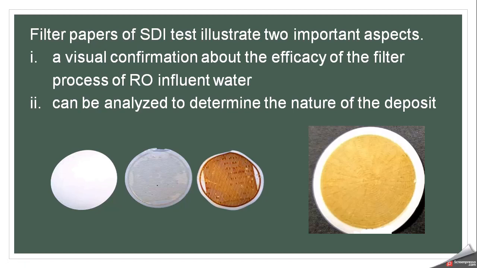This is the visual phenomenon, and it can be analyzed to determine the nature of the deposit. The deposits collected on the surface of this filter paper can be analyzed to find out what type of material is coming and blocking this filter paper. So we can find out the nature of the deposits. These are the advantages of this test.